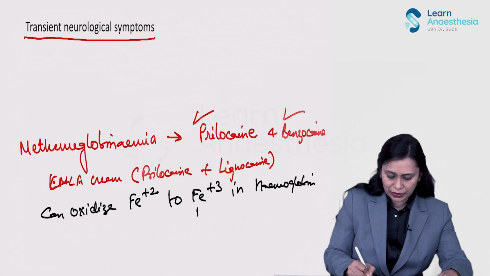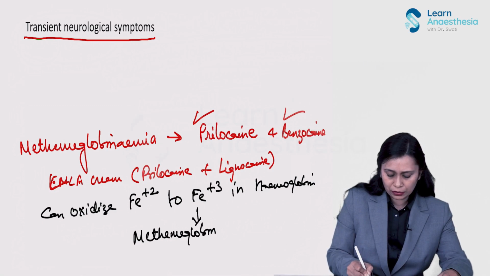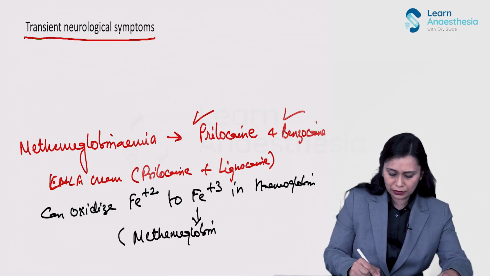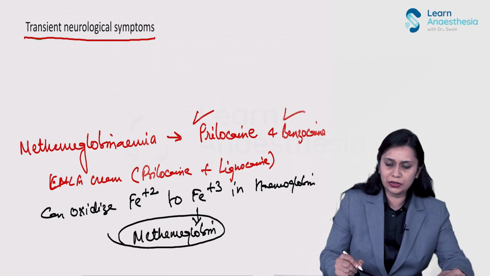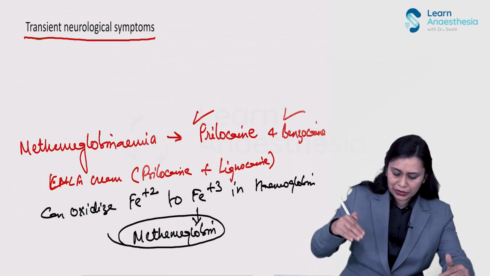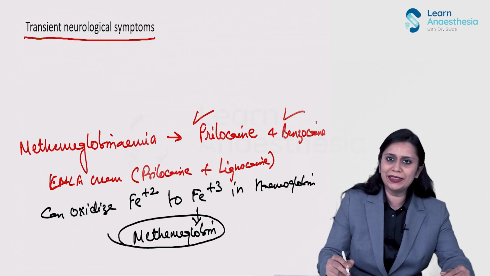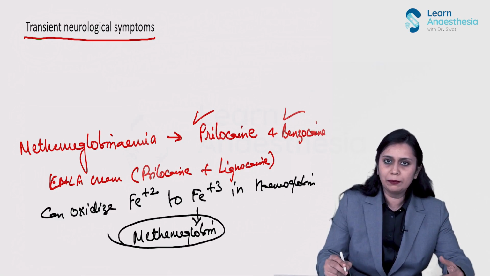And when it gets oxidized to ferric, it becomes methemoglobin. Okay, and this methemoglobin has very low capacity to bind to oxygen. So the oxygen carrying capacity of the blood is reduced. When it increases in the blood in a huge amount, we call it methemoglobinemia.